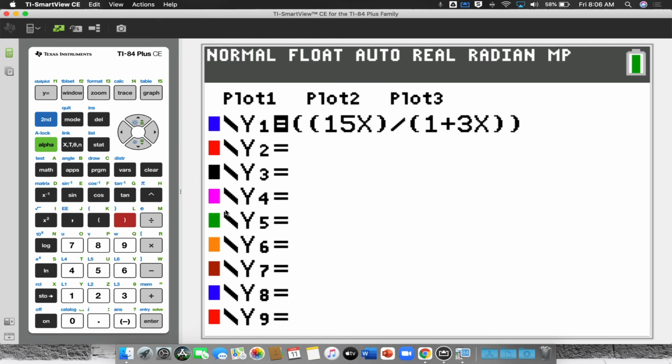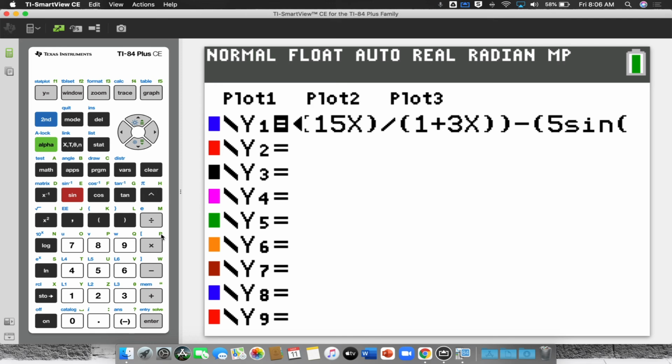That's S of t, right? And then I'm going to put a minus, R of t, parentheses, 5 sine. Okay. Oh, sorry, forgot about the 2.